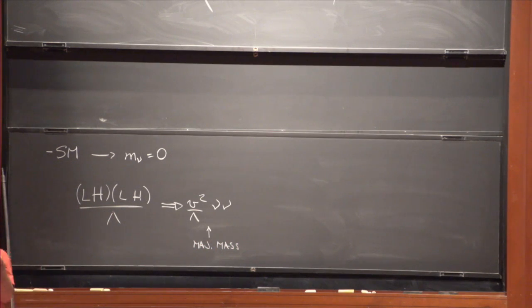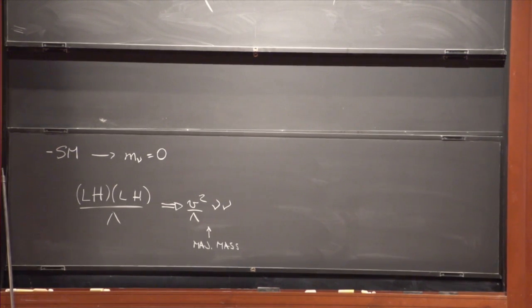I just said, imagine the Standard Model is an effective theory. It's replaced by some other theory at some scale lambda. That theory manifests itself via effective operators. I can order the effective operators by their mass scale. It stands to reason that the lower dimensional operators are more important than the higher dimensional ones. There's only one that's dimension 5. And the only observable consequence of this operator is that the neutrinos have a non-zero Majorana mass.